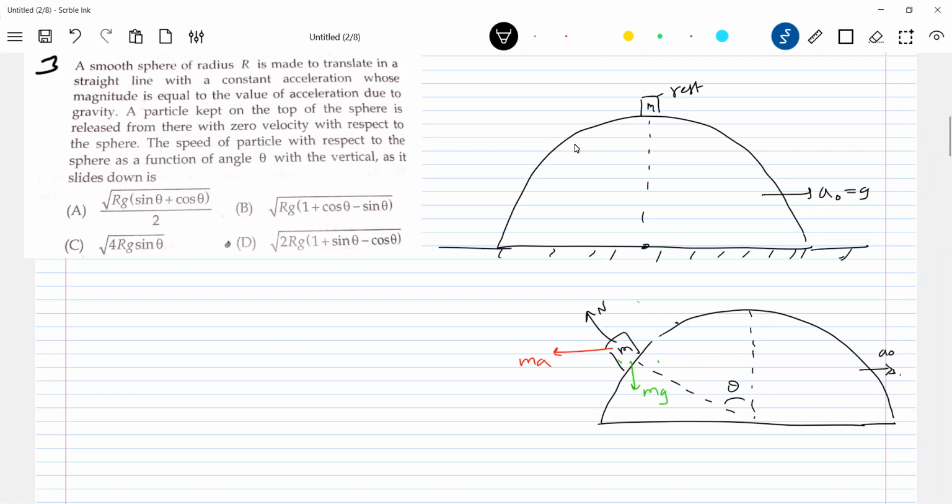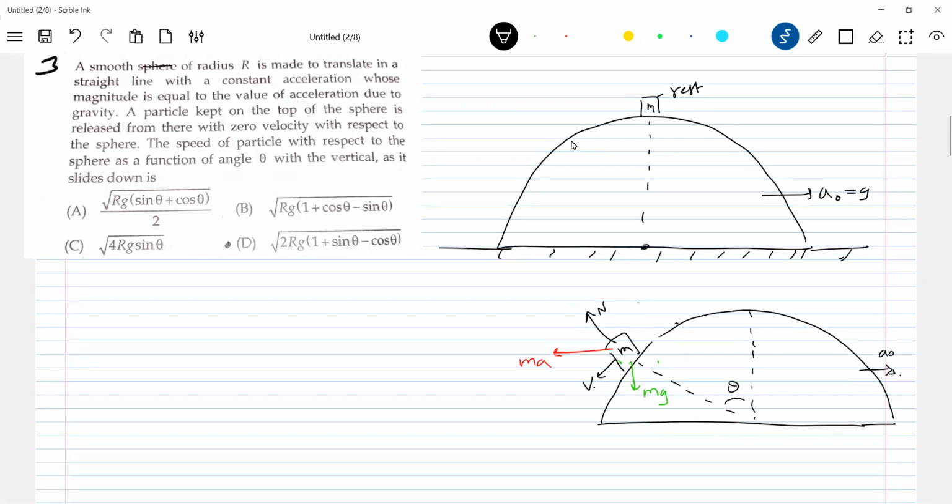Now the speed of the particle with respect to the sphere or hemisphere, it doesn't matter. Let me complete here.